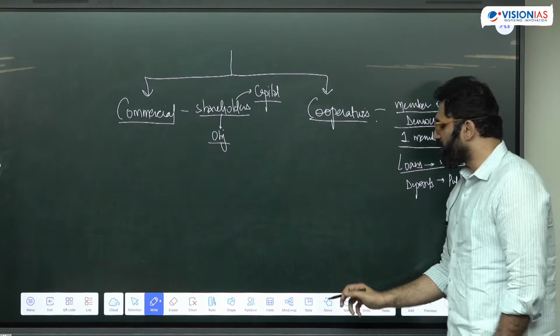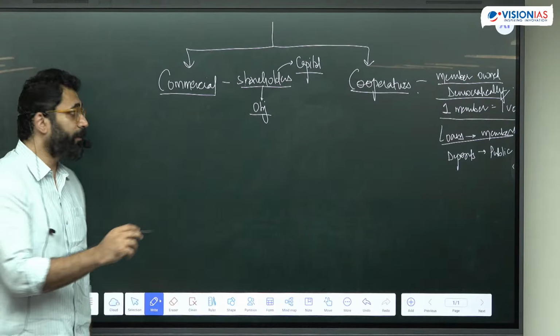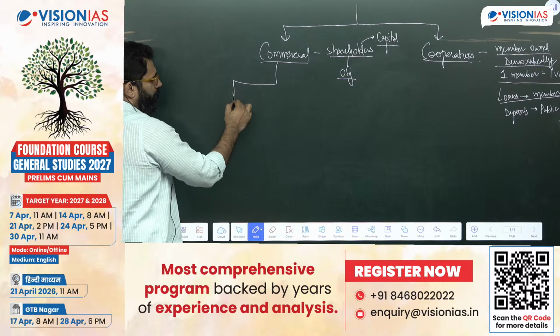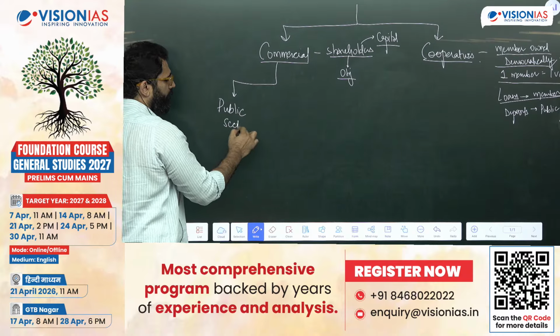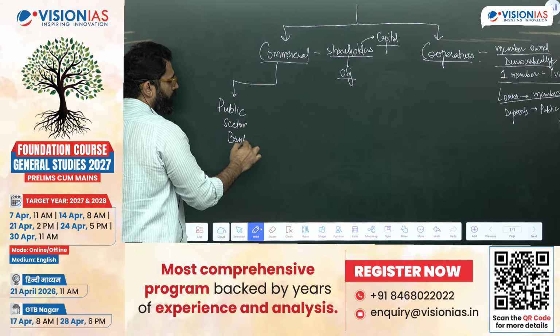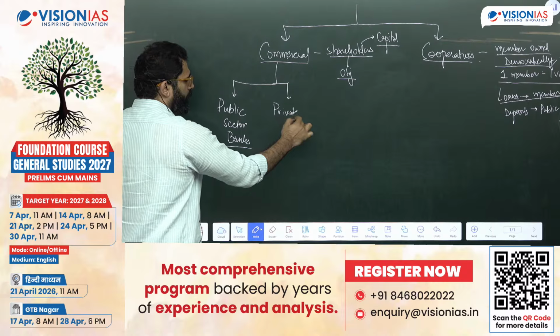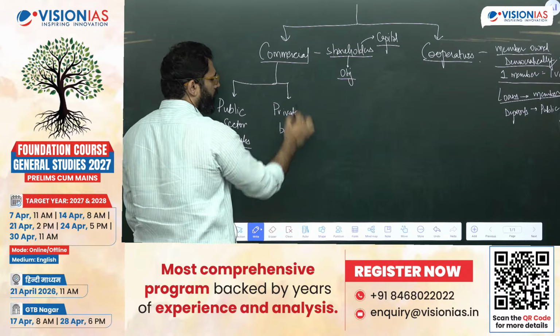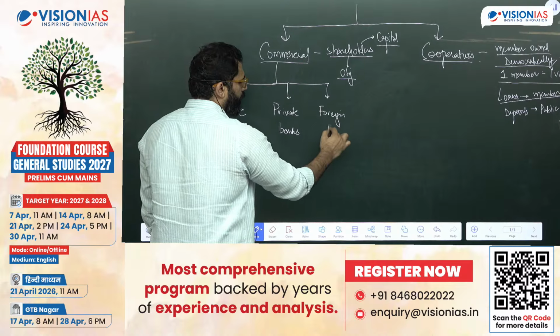Now coming to the structure of this, the commercial banks in the country are of multiple types. They can be owned by the government. They are public sector banks, and they can also be private banks and foreign banks.